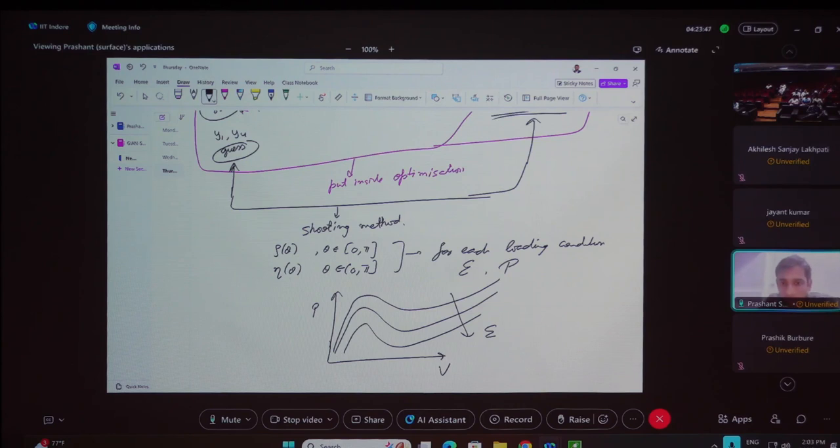So for smaller pressure, you can have higher volume. And then this limit that we discussed yesterday comes out naturally as part of this solution. You don't have to do much differently to get that.